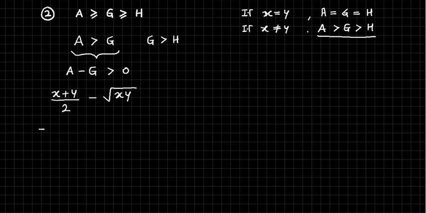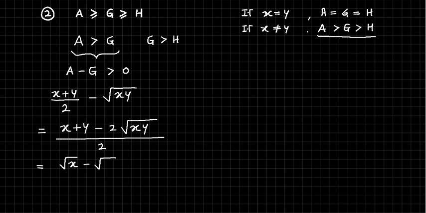So now let us simplify and see what we get. If we cross multiply, we get (x plus y minus 2 root xy) whole upon 2. Now we can see that the numerator is nothing but the square of (root x minus root y). We can confirm: root x square is x, root y square is y, and the middle term is 2 into root of xy with the negative sign.